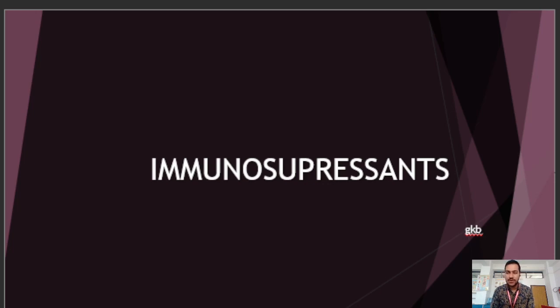So, in order to suppress the immune reactions, we use this category of drugs, immunosuppressants. Now, in cancer, these are used along with, of course, the chemotherapeutic drugs. Cancer is one example of immunosuppressant use.